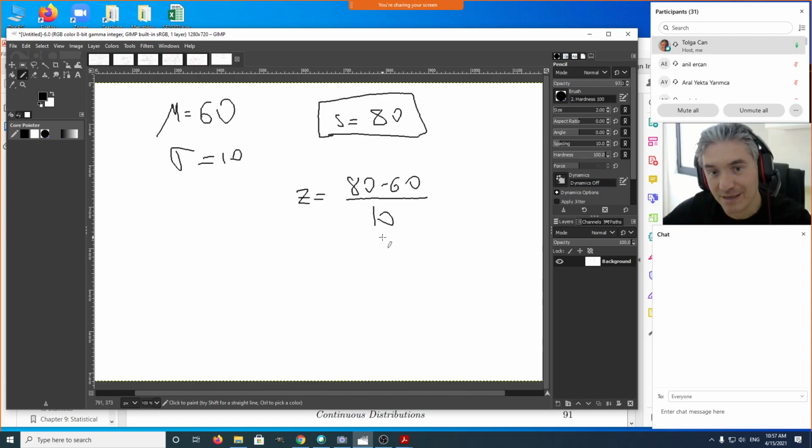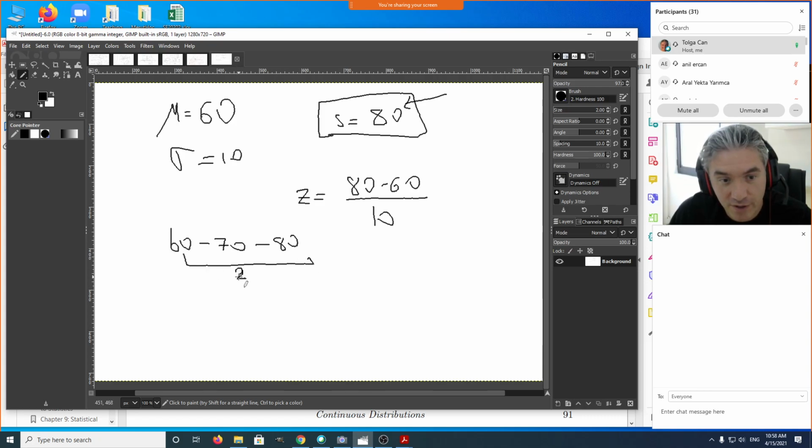So how many standard deviations is this grade of 80 away from the mean of 60? From 60 to 70, one standard deviation, another standard deviation to 80, so we have 2. So the z-score of this student is 2.